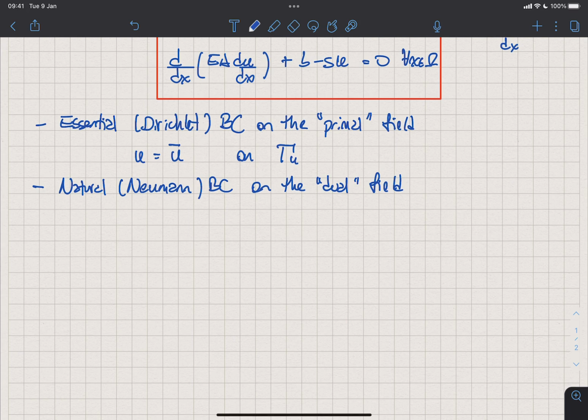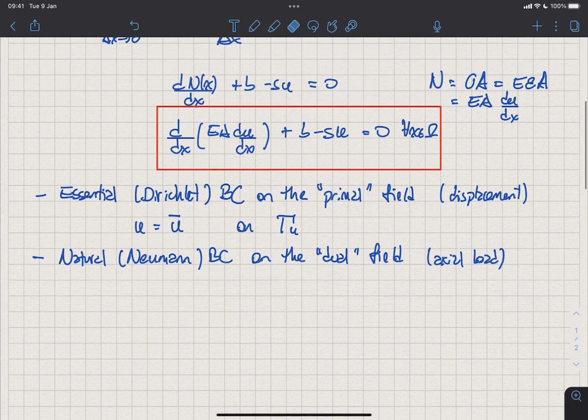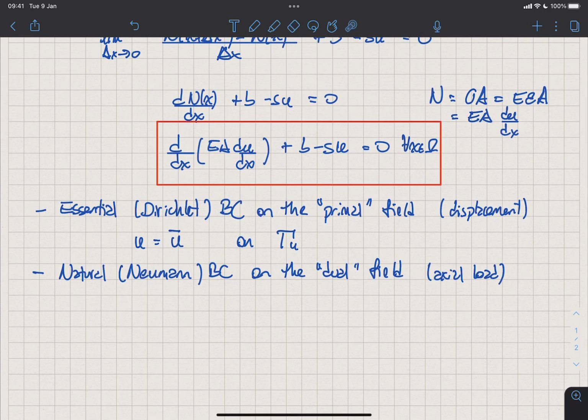Yeah. So in this particular elasticity problem, this is the displacement, and here's the axial load. And well, what is the value of the load? As you remember, we wrote that here.